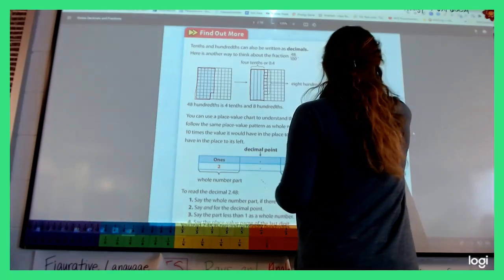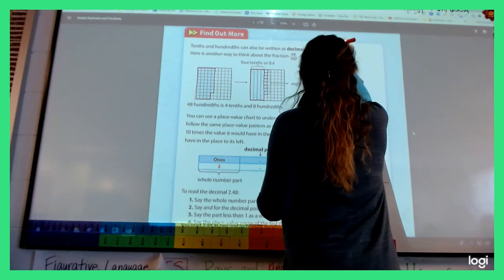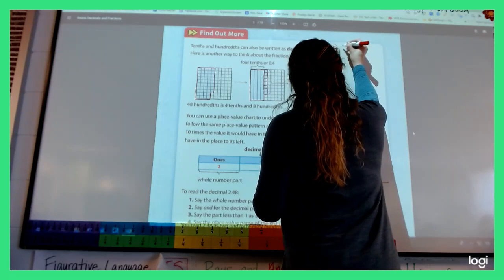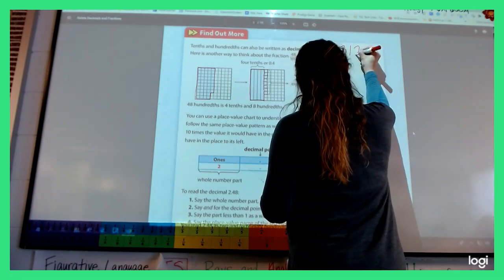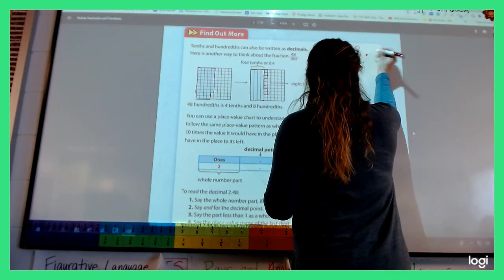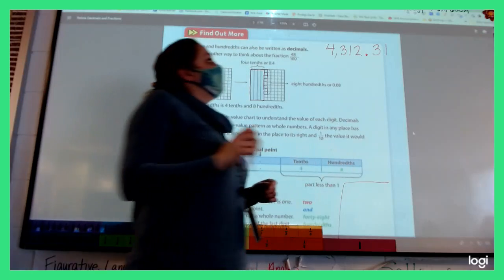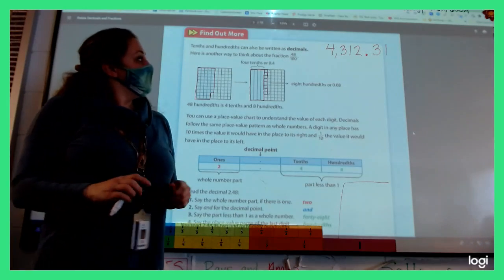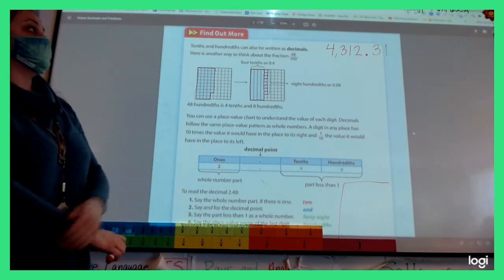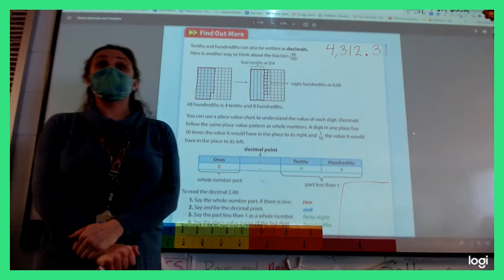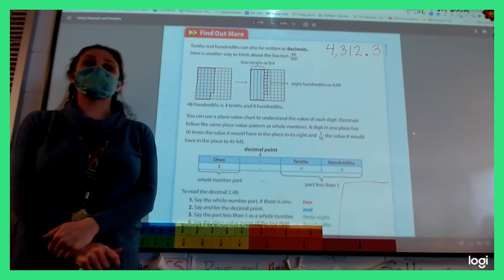So first, I'm just going to write a number. I'd like you to copy it down. Let's do 4,312, decimal point 31. Everyone, please write that down. So I've got 4,312 and 31 hundredths. Go quickly.